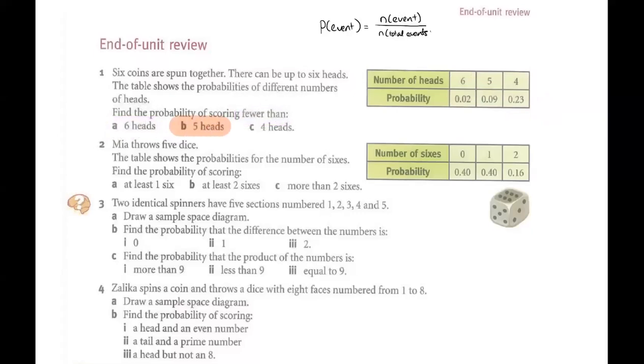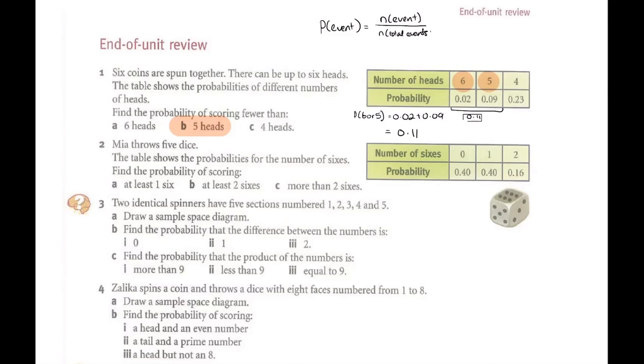All right. And then later we need to find less than 5 heads. Less than 5 heads means not 6, not 5. So we just join this together. So add it up together, the probability of getting 6 or 5. So the probability of getting 6 or 5 is 0.02 plus 0.09. The answer will be 0.11. So that is the total probability for the event of 6 and 5 happening.